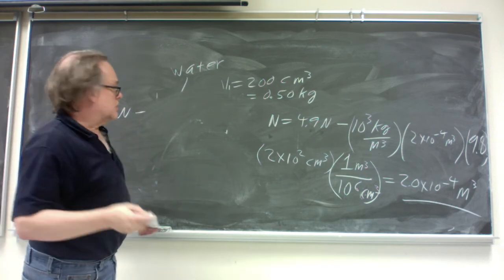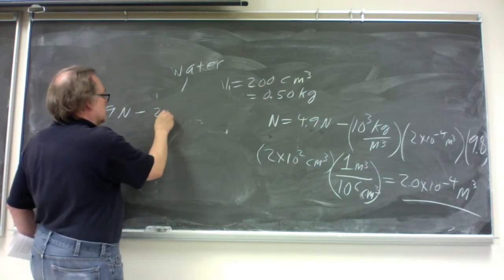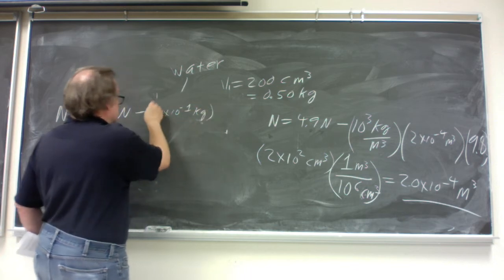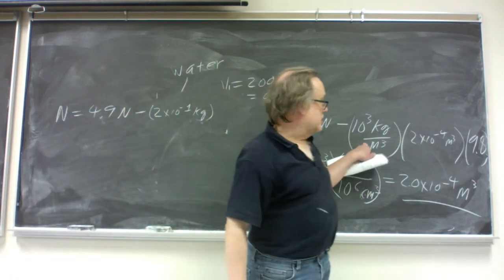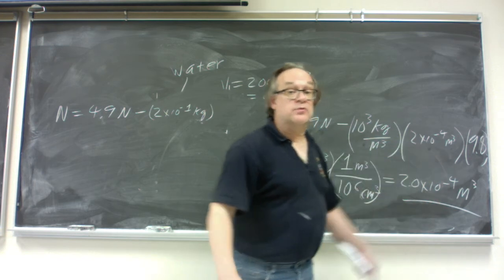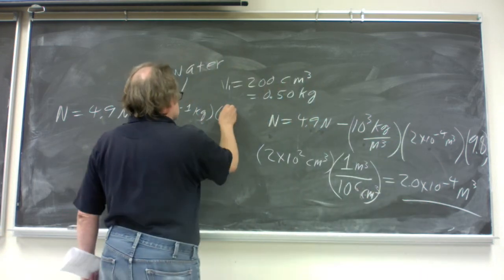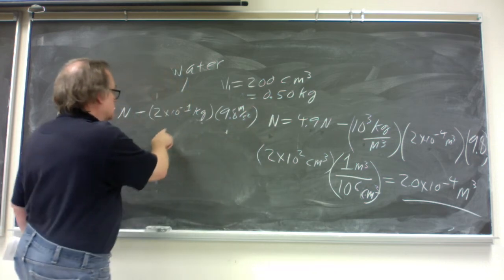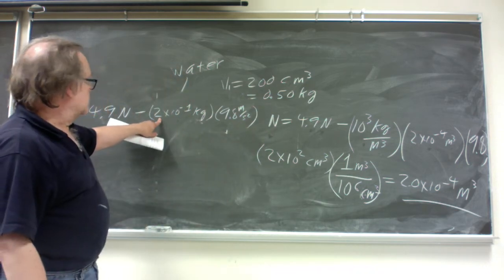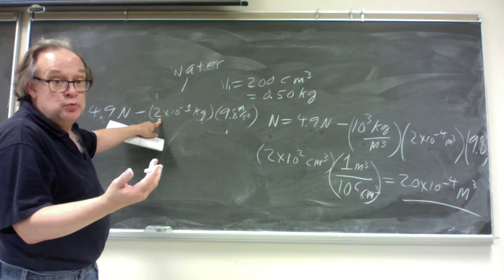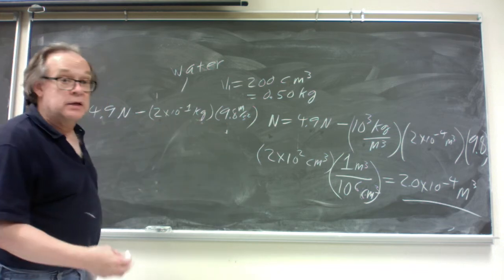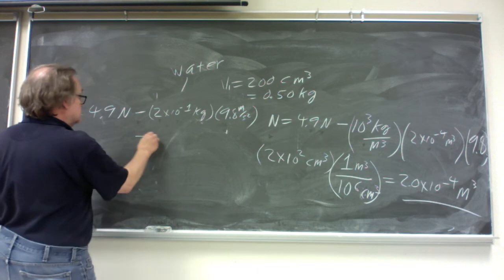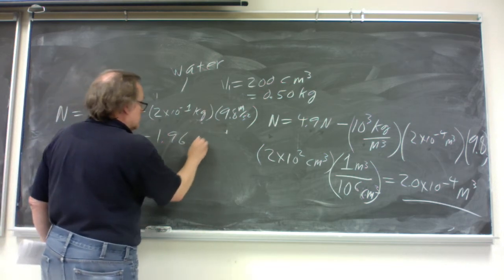So in that second term there, we got 2 times 10 to the minus 1 kilograms. So that's the number we got from multiplying density times volume. Density times volume always gives you a mass, times 9.8 meters per second squared. And so this, which you can think of as 0.2 times 9.8, gives us minus 1.96 newtons.